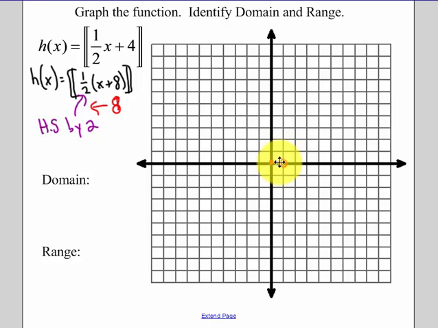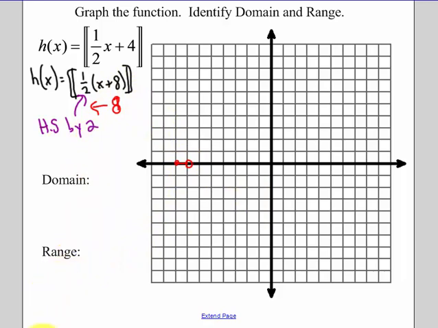Okay, so I translated 8 units. 1, 2, 3, 4, 5, 6, 7, 8. So that's translated 8 units. Now I'm stretching it out. I'm making it twice as long.